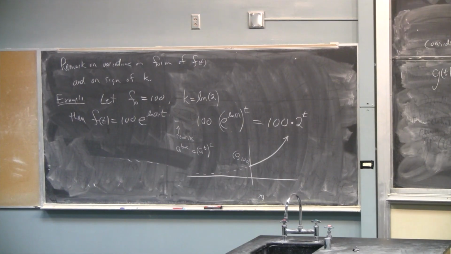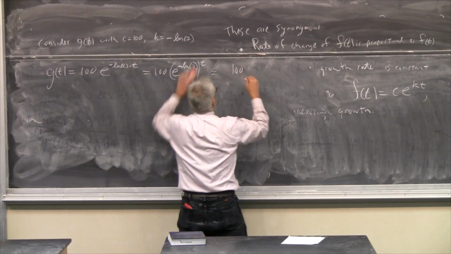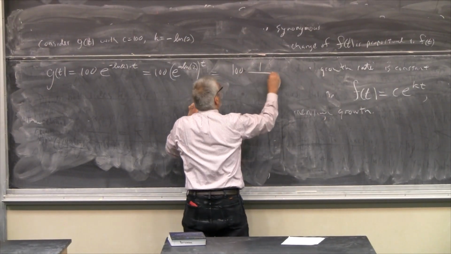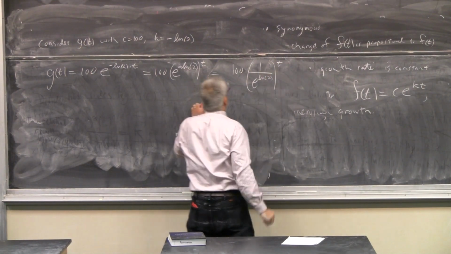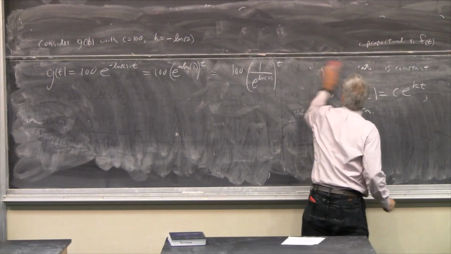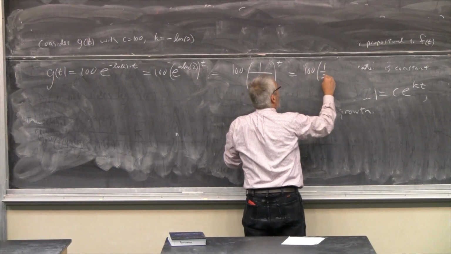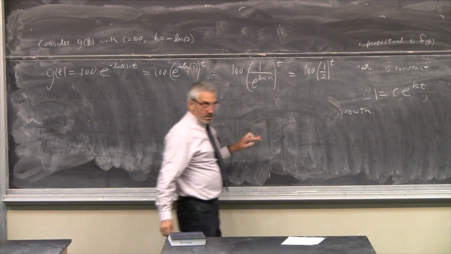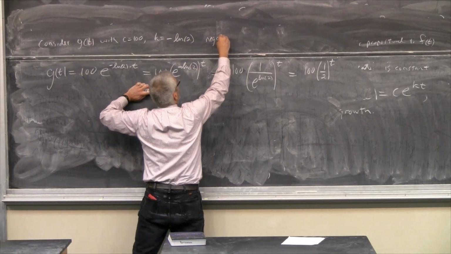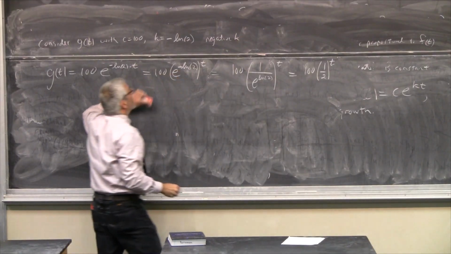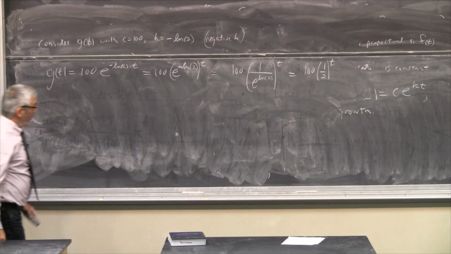But that's 100 times 1 over e to the ln of 2, raised to the t power. And that's 100 times 1/2 to the t power. So notice I have a negative k. Remember I said k can be positive or negative.